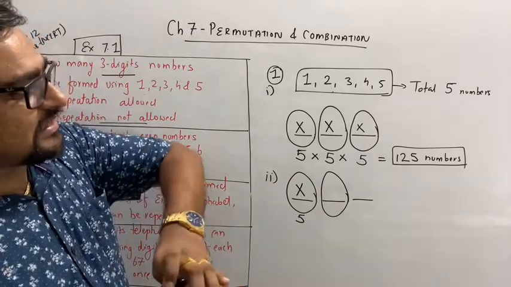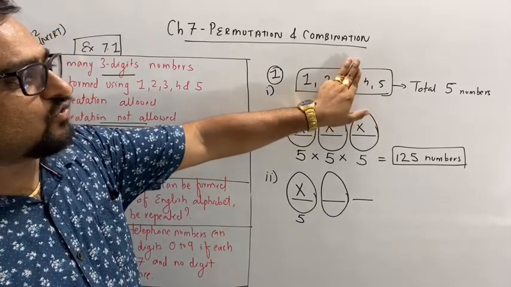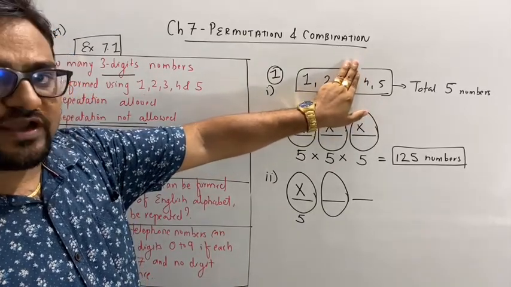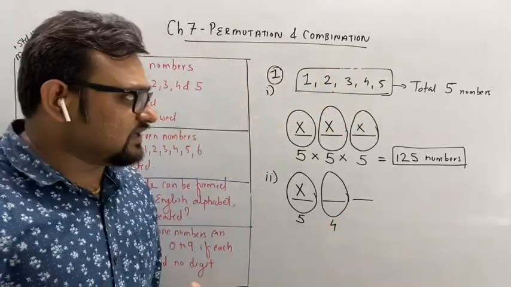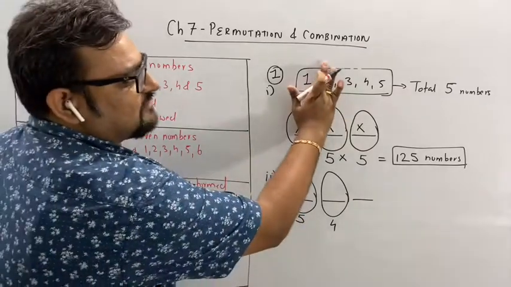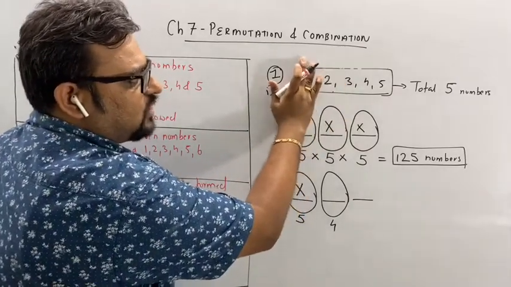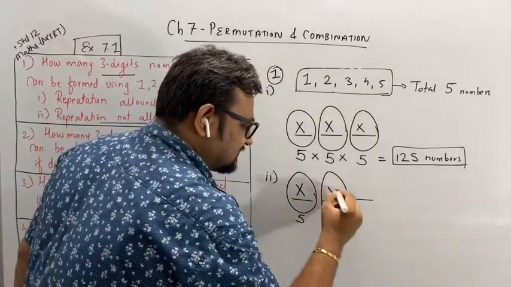So if I just hide down the 3, I am having 4 options 1, 2, 4, and 5. So I'm having 4 options. See, instead of 3, if I had put here 2, then also I will have 4 options. If I have put 1, then also I'm having 4 options. Right? So I will cancel it.